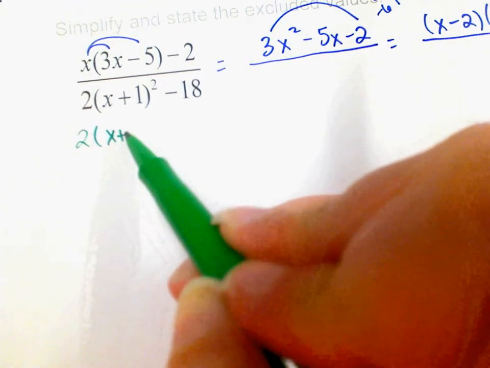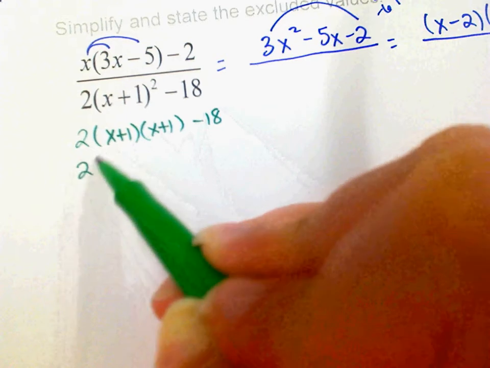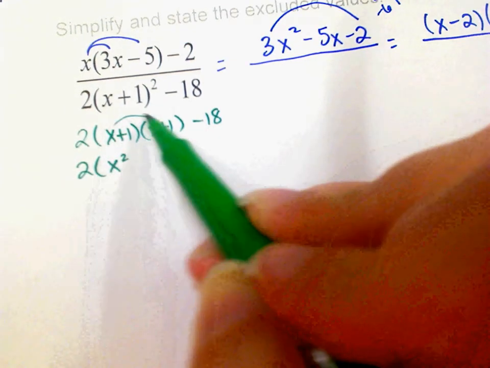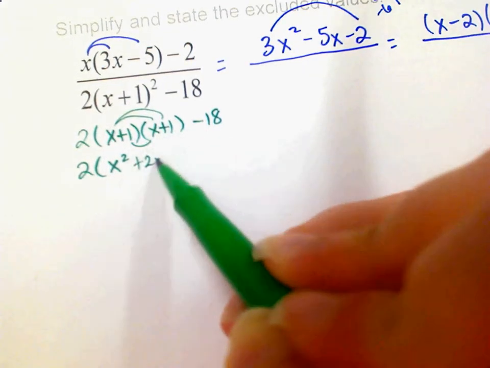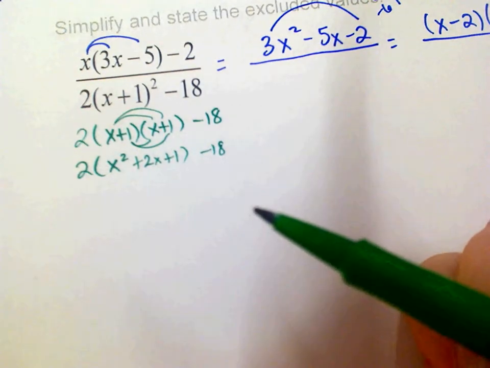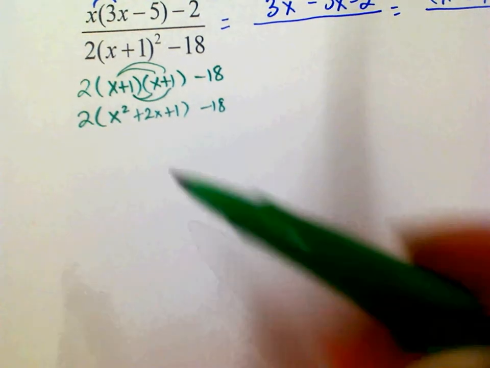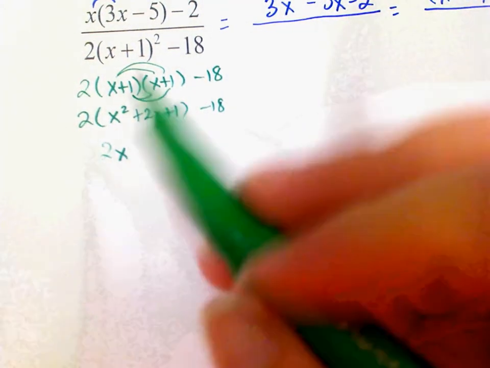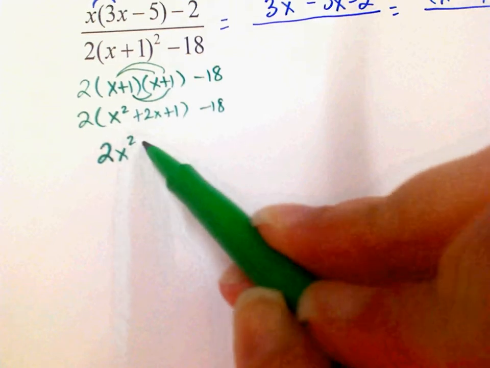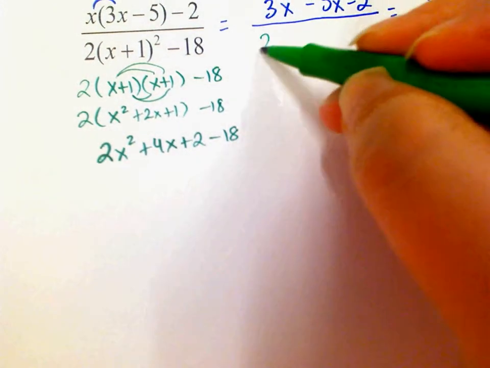So that's 2 times x squared plus x is 2x, and then plus 1 minus 18. What do I need to do? Subtract 18 or multiply by 2 first? You have to subtract 18. So 2x squared plus 4x plus 2 minus 18, which is 2x squared plus 4x minus 16.